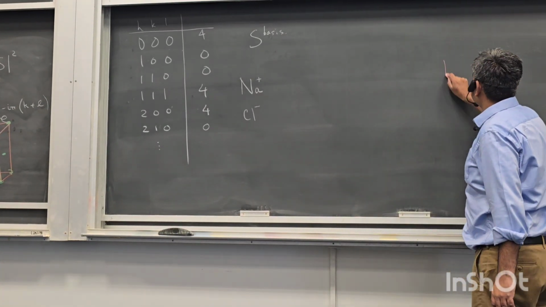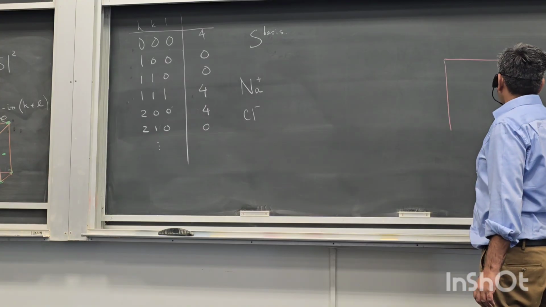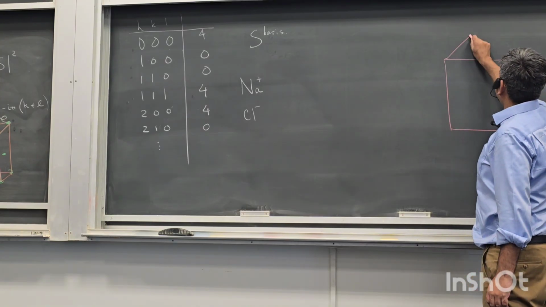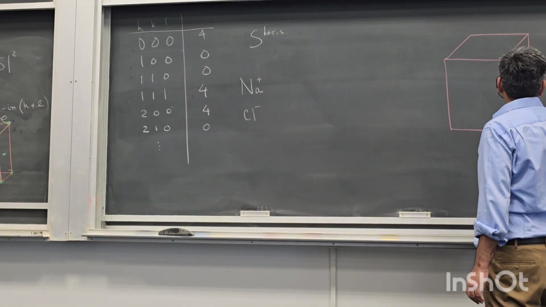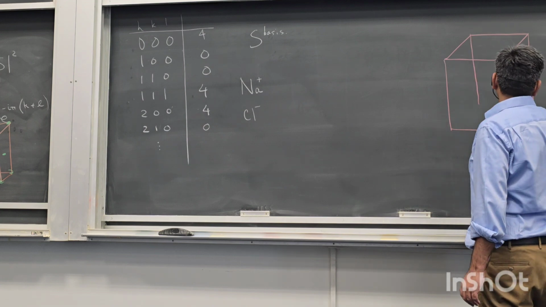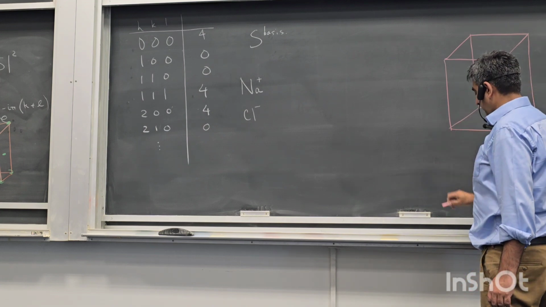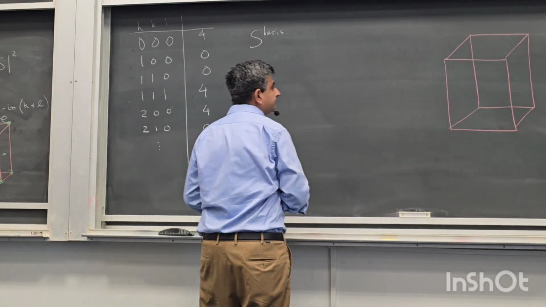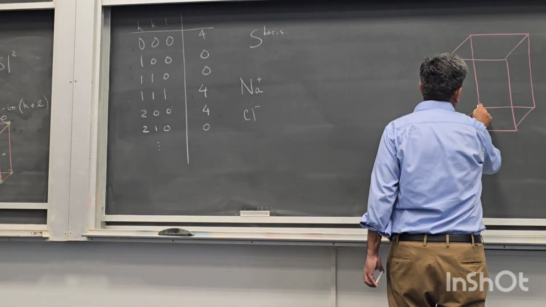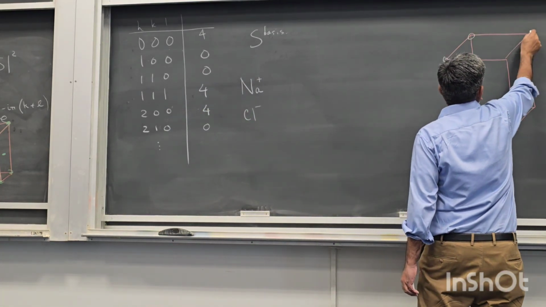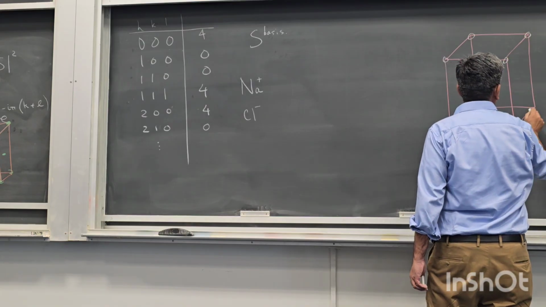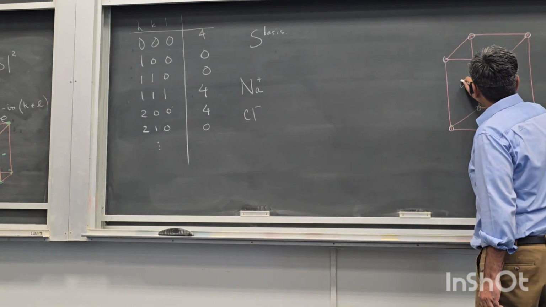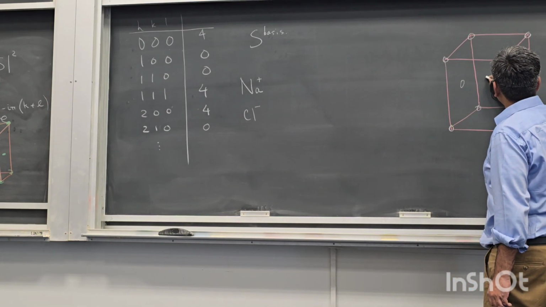If I draw the structure here, if my sodiums are on the vertices, these sodium ions must also be at the centers of the faces, right?